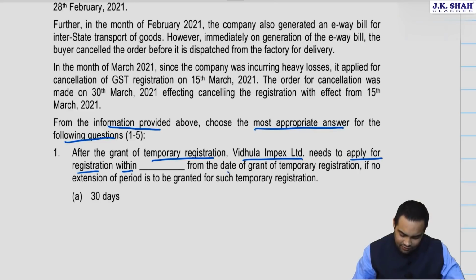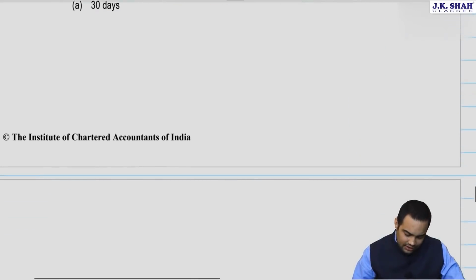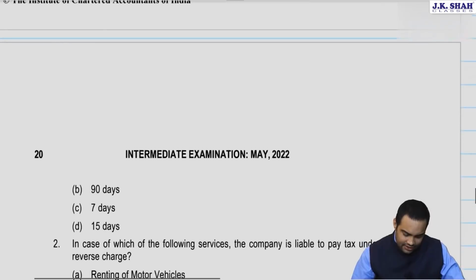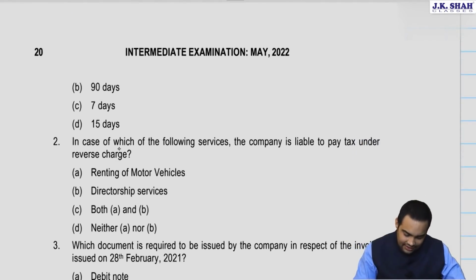Within dash from the date of grant of temporary registration if no extension period is granted for such temporary registration. So the options are 30, 90, 7 and 15 days. Then, in case of which of the following services the company is liable to pay tax under reverse charge?